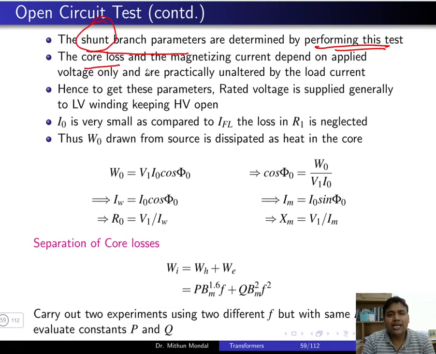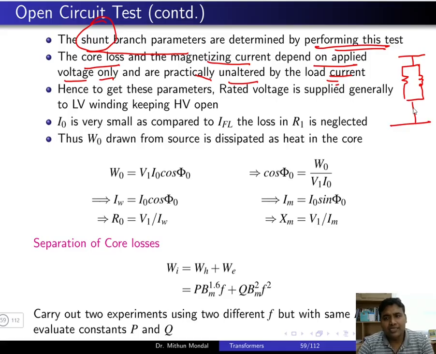Core loss and the magnetizing current depend on applied voltage only and are practically unaltered by the load current. We are doing the open circuit test to find the shunt parameters, and we have two parameters, one known as the core loss and the other the magnetizing component. These two parameters majorly depend upon the supply voltage V1, and are independent of the load current.